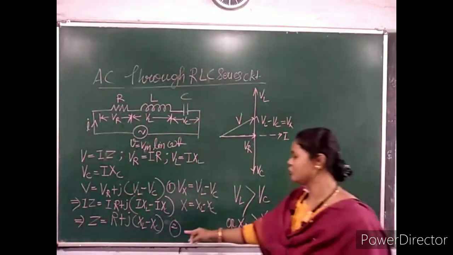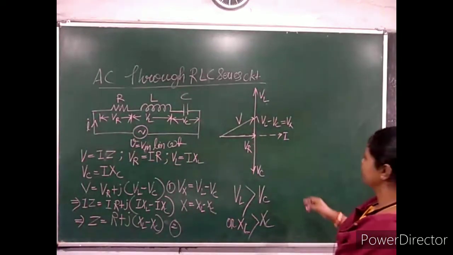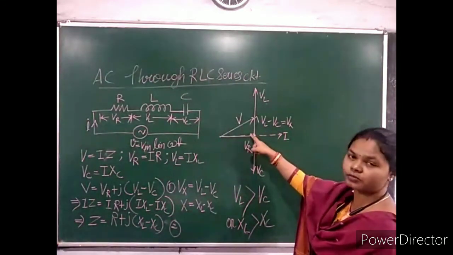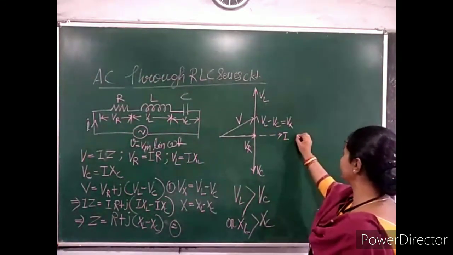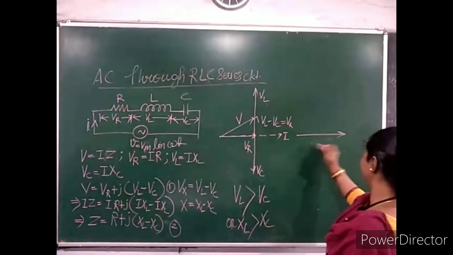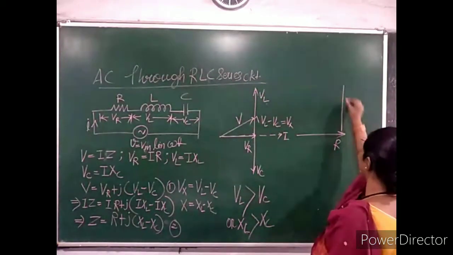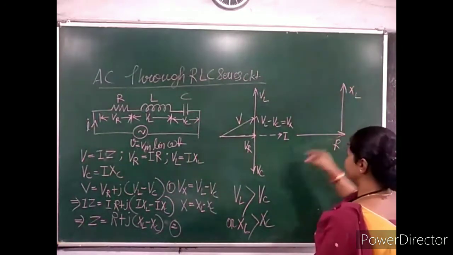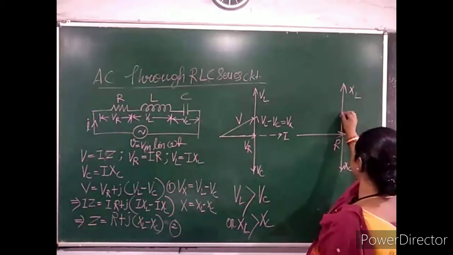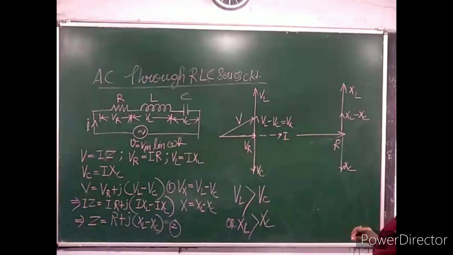Now from equation 2 I draw the impedance triangle. By taking the reference from this voltage triangle, I draw the impedance triangle. This phasor is for R, this phasor is for XL, this is for XC, this one is XL minus XC, as I assume XL is greater than XC.